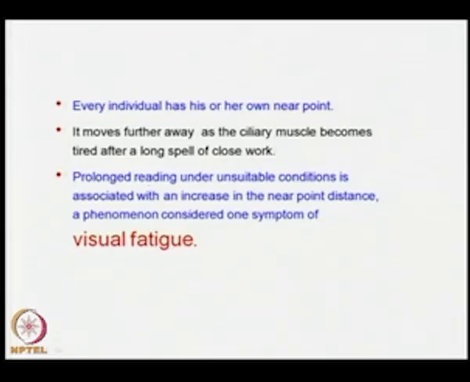Prolonged reading under unsuitable conditions is associated with an increase in the near point distance, a phenomenon considered one symptom of visual fatigue. If we perform some visual task, errors occur, and these errors are a measure of visual fatigue: how many errors we make and how much error.